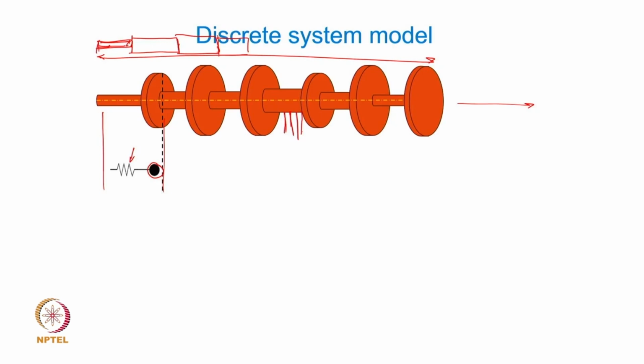Now, if you make this as small as possible, the approximation involved in lumping the mass property, which is actually distributed throughout the length, to one end of the segment will get reduced if you segmentalize this into several segments. Okay.